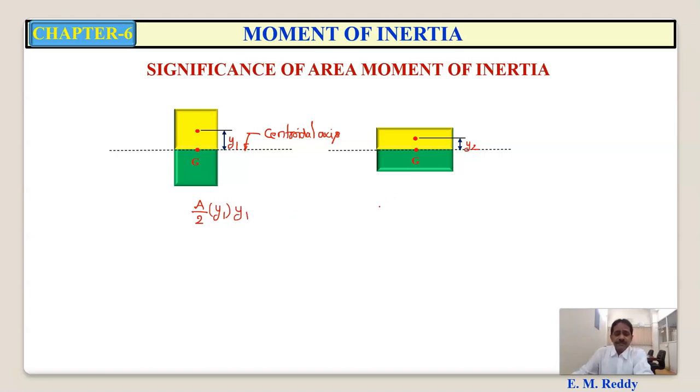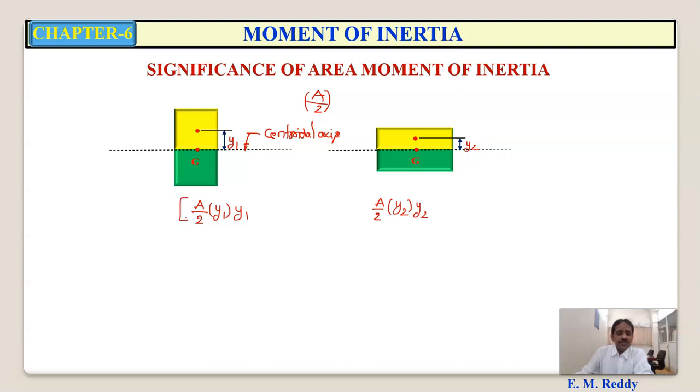Now if you take moment of area about this axis, moment is equal to area into distance. Area of this upper portion is a by 2 into distance y1. Am I right? So the second moment of area means again multiplied with distance y1. Whereas here, the moment of this upper portion, yellow color, area about the axis is a by 2 into distance y2, because the total area of both the sections is the same. So half of that area is a by 2 for both the sections. So again here the second moment means again multiplied by y2.